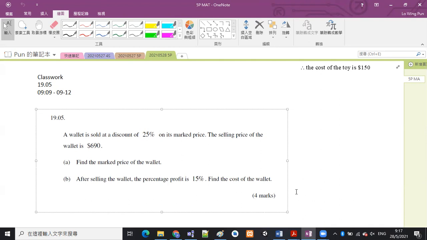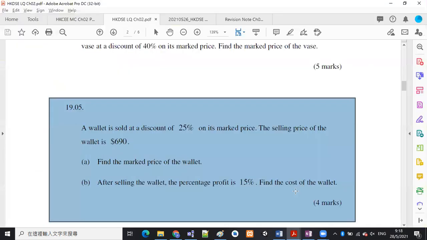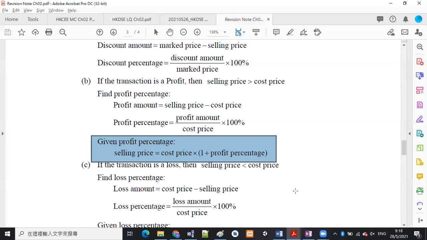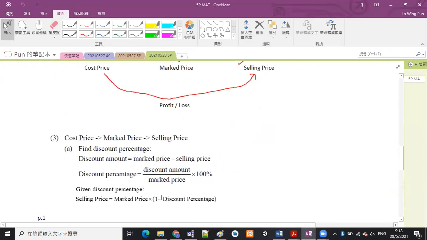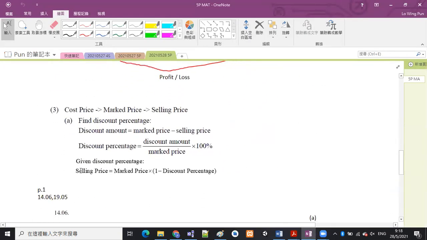According to our notes, if it is given the discount percent, then we will start with this equation: selling price is equal to mark price times 1 minus discount percentage. So we just write this down and replace anything we know in this equation.